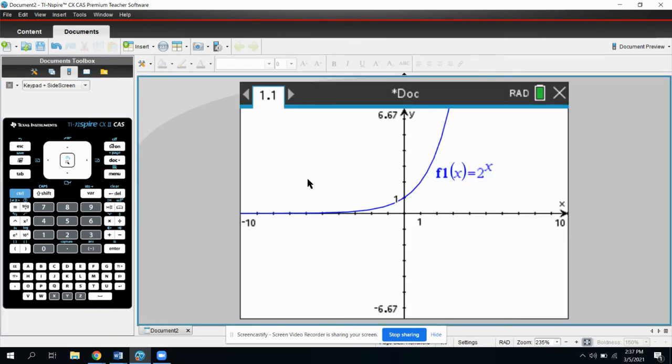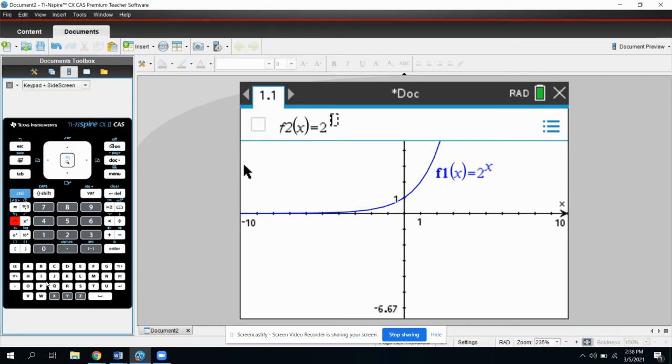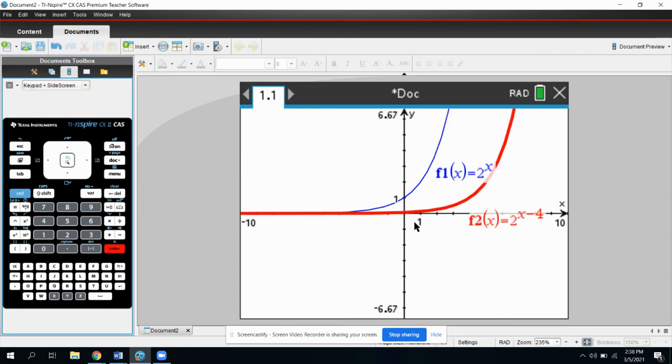Okay. So we are going to look at what happens when we make an adjustment up here and we do x and we said minus 4. What is that going to do? Well, it can be difficult to tell here. You might say, well, maybe it's still moving it up, but not quite.